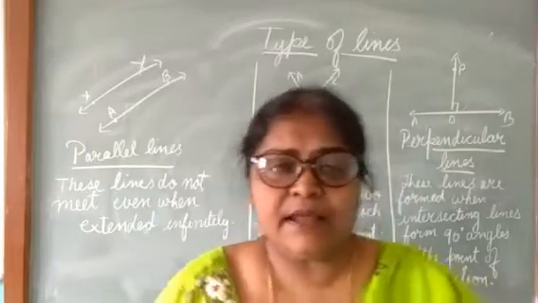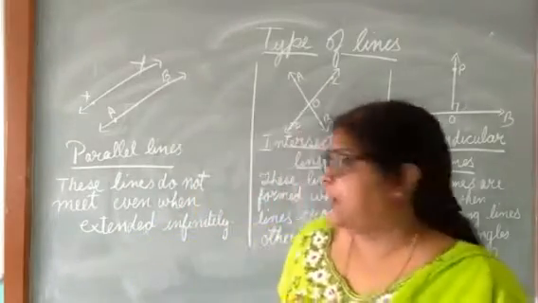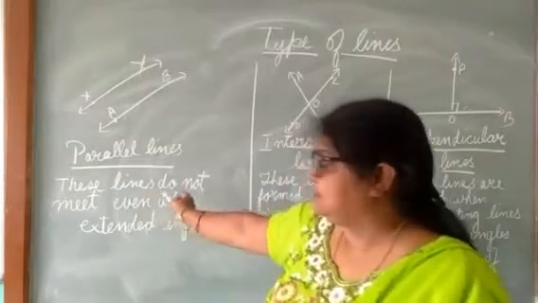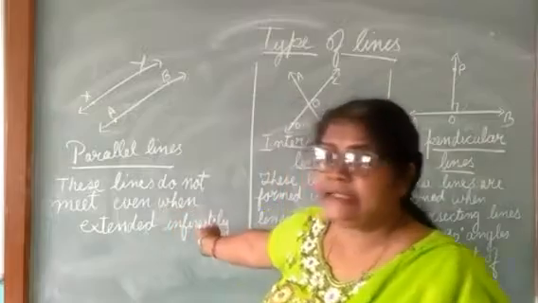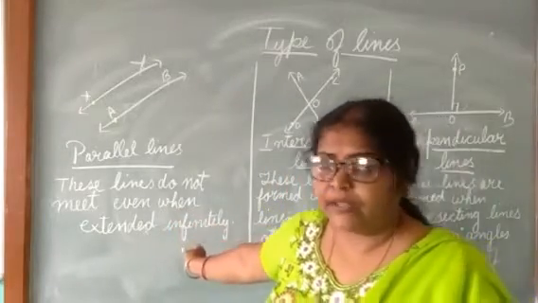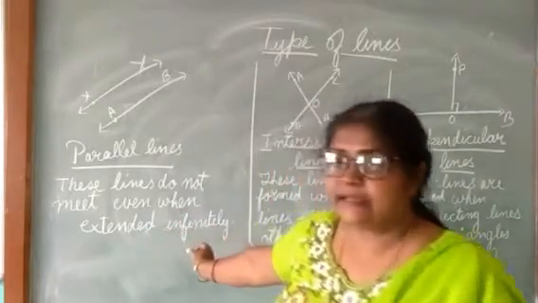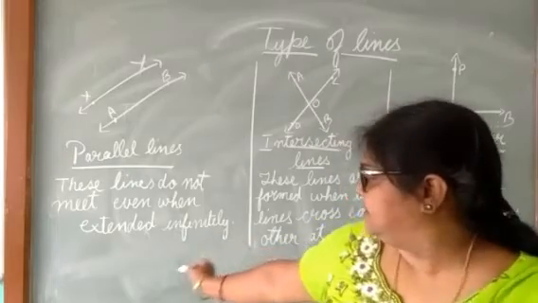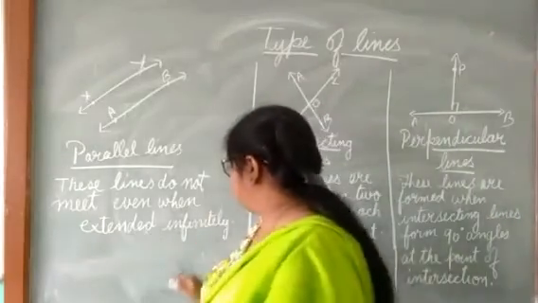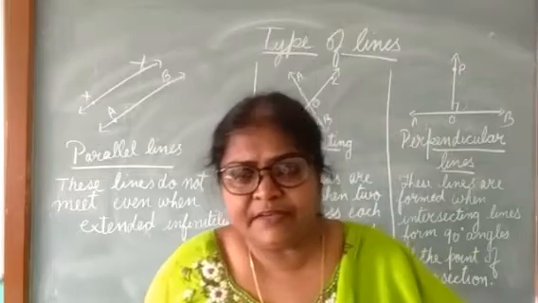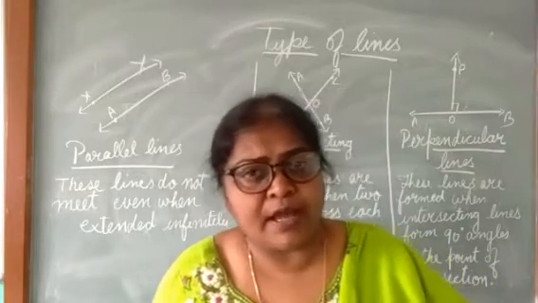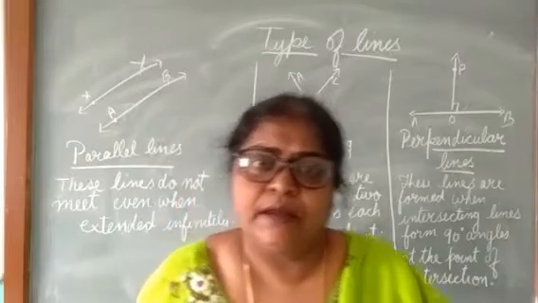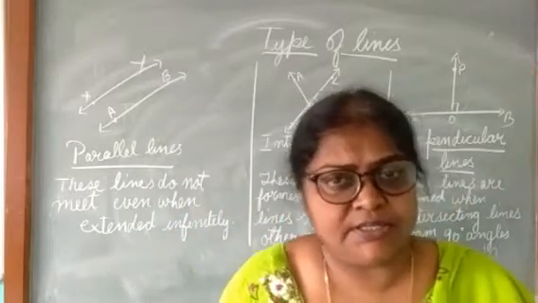So in parallel line what happened? In parallel lines, the lines do not meet even when extended infinitely. When they are extended infinitely, these two lines still do not meet each other.